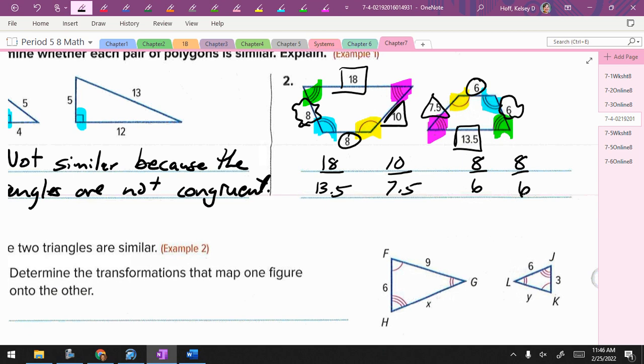Okay, now yesterday when you were comparing scale factors, I made you get a common denominator. This is nasty because we have decimals. So everybody grab your calculator and divide these out.